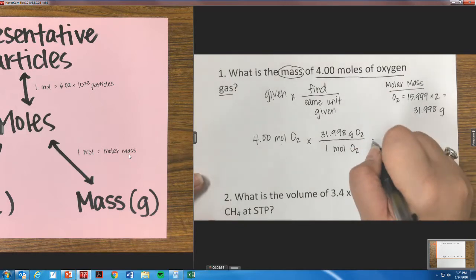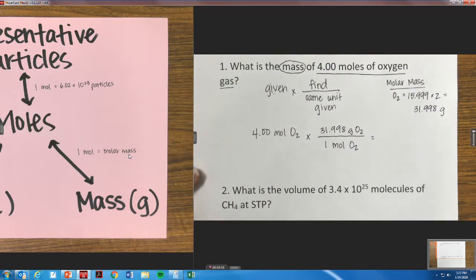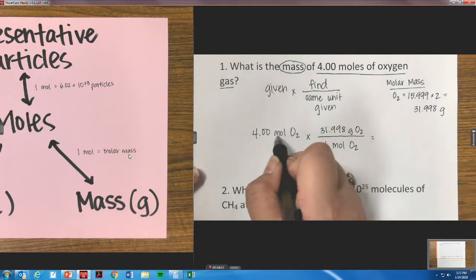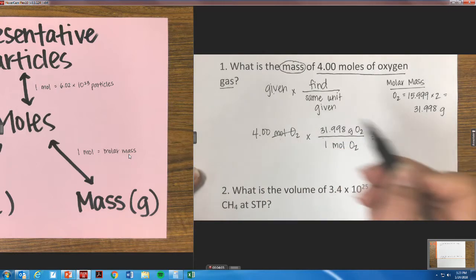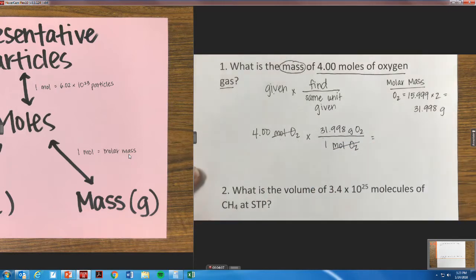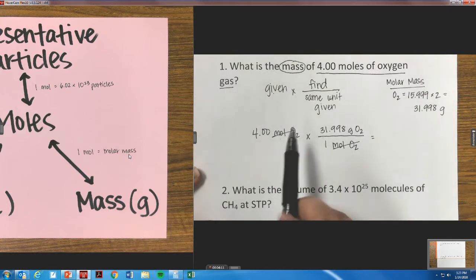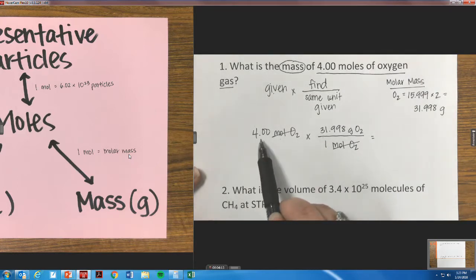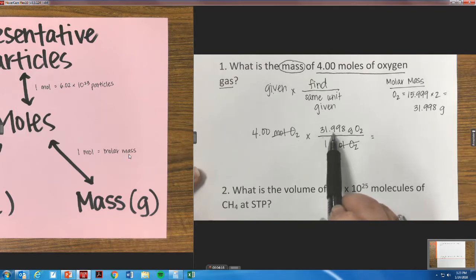Okay, so before we solve, we can take a look at, are there any units that cancel out? Moles of oxygen divided by moles of oxygen, well, they're going to cancel each other out. So what we're left with is 4 times 31.998 grams of oxygen.